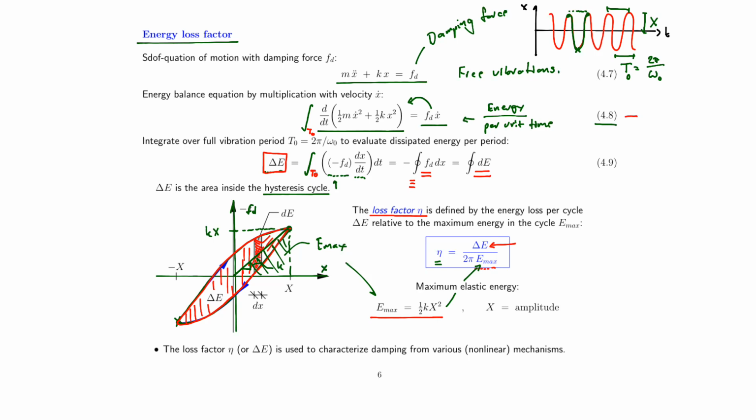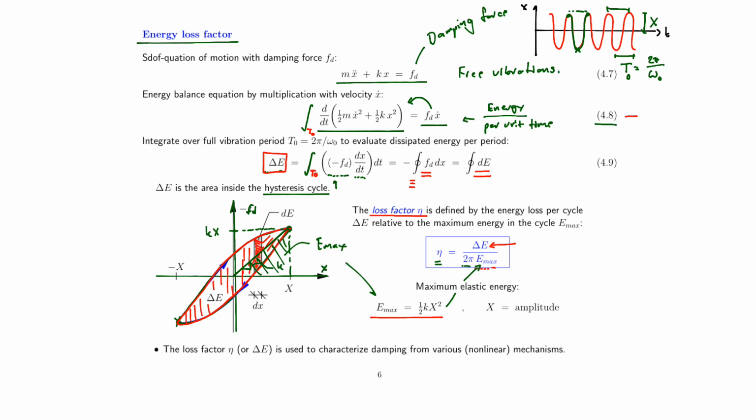And since the loss factor is introduced over a period, it turns out to be convenient to furthermore divide the dissipated energy by 2 pi. That means for typical damping models we have much nicer results, and also the loss factor becomes easily related to our damping ratio, as I will show in a moment.